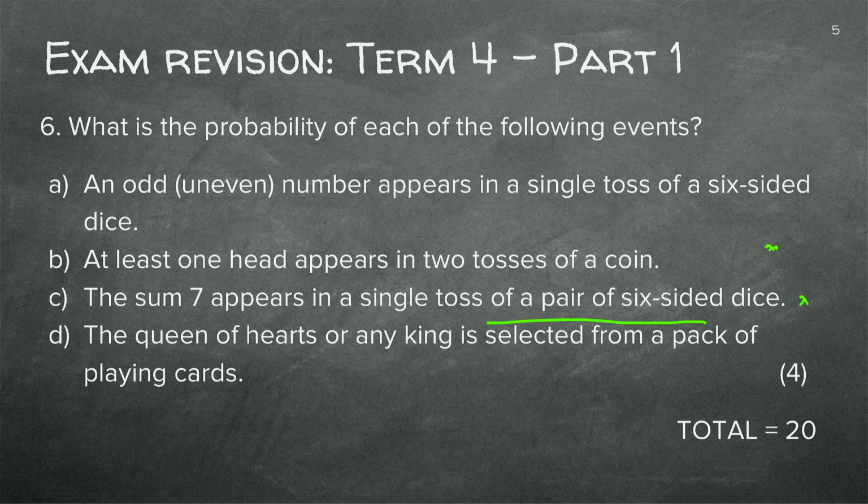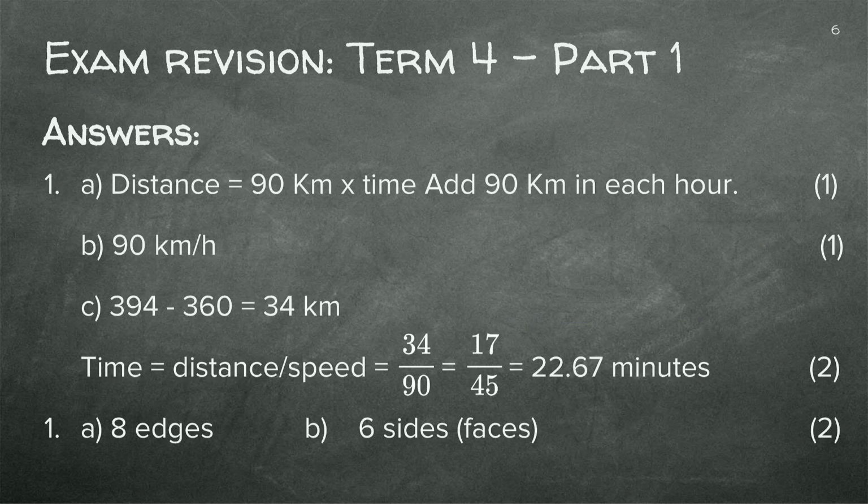Did you enjoy it? The answers. Remember the distance, time, and speed. So what is the formula for distance? Distance, yes, I can hear it. Distance equals speed times time.